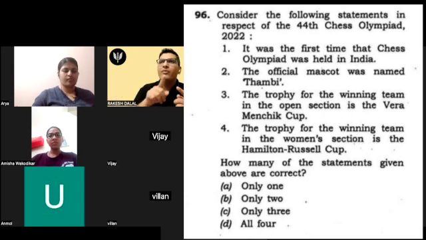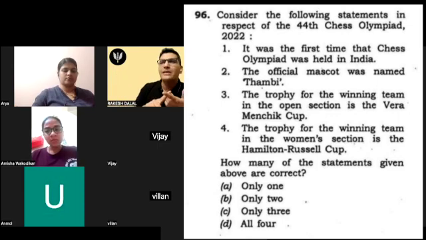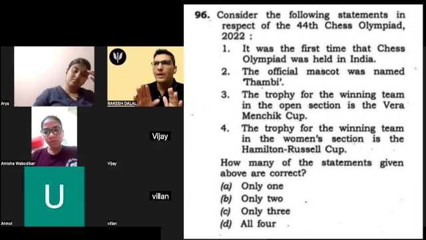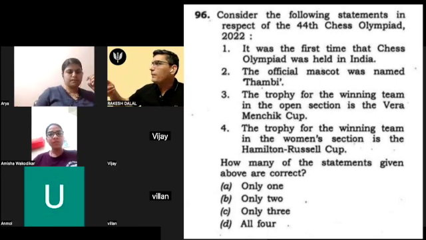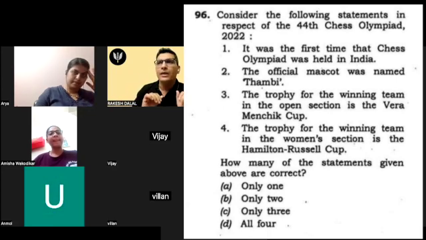Okay, names have meaning, words have meaning. Just notice this. Open section means male and female both can compete, right? And women's section means only women will compete, right?